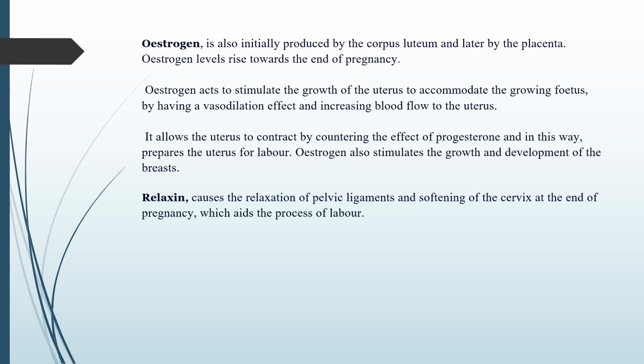It allows the uterus to contract by countering the effect of progesterone and in this way prepares the uterus for labor. Estrogen also stimulates the growth and development of the breast.